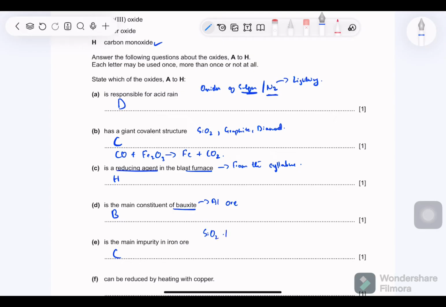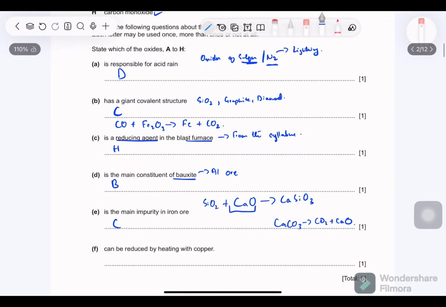SiO2 is reacted with calcium oxide to produce calcium silicate, CaSiO3, which is also called slag. Now, how did we get this calcium oxide? First, there was a thermal decomposition reaction in which carbon dioxide and calcium oxide were formed. From this, the calcium oxide reacted over here.